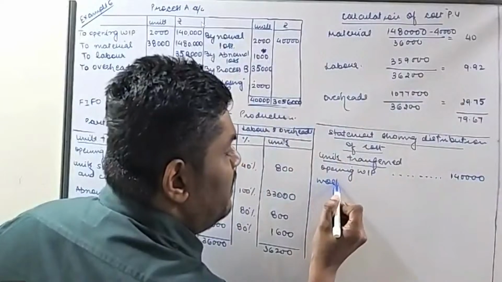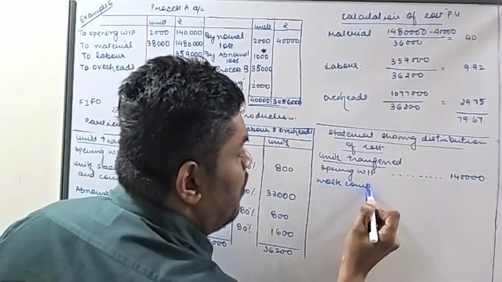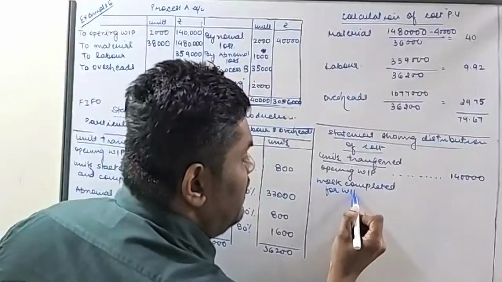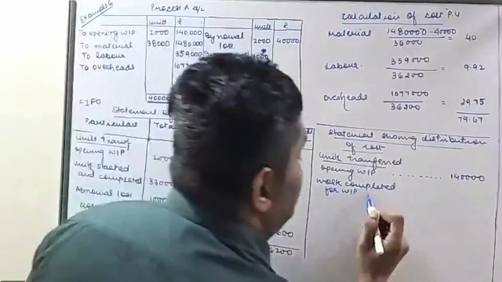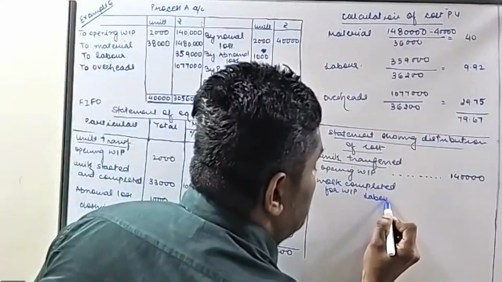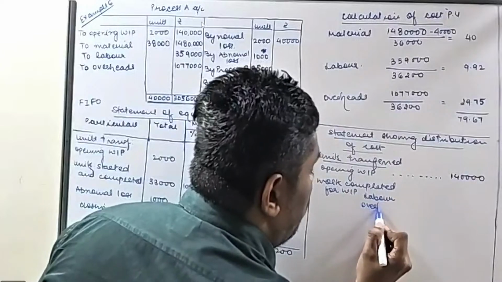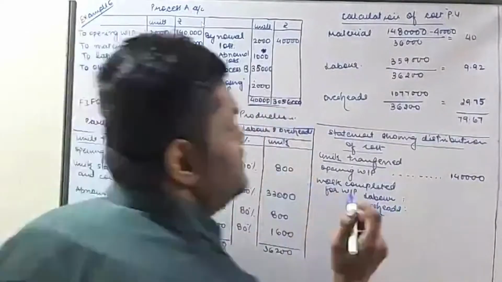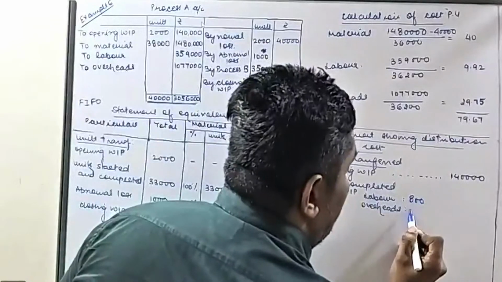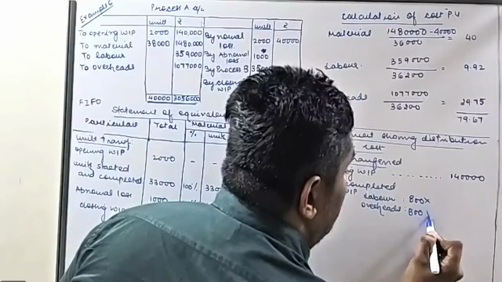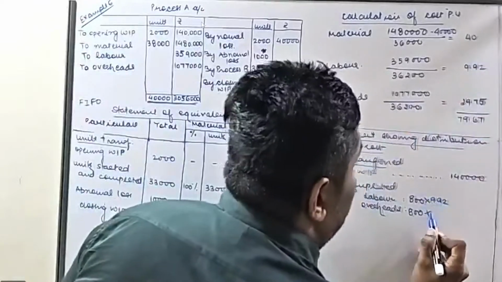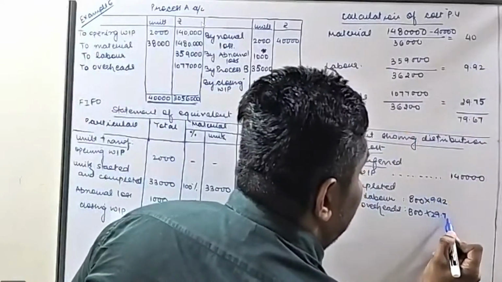Work completed for opening work in progress in the current year in respect of labor and overheads, it is 800, and 800 into 9.92 plus 29.75.